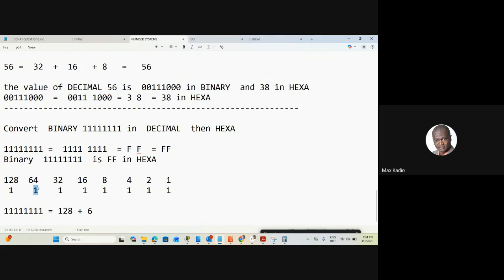Or you can do multiplication. 1 times 64 is 64, plus 32, plus 16, plus 8, plus 4, plus 2, plus 1 equals, if you take your calculator, it will be 255.